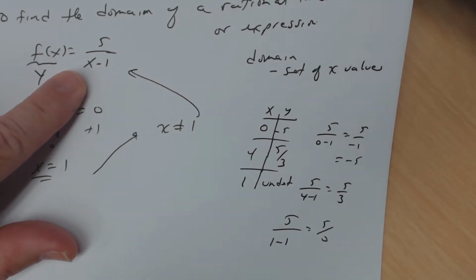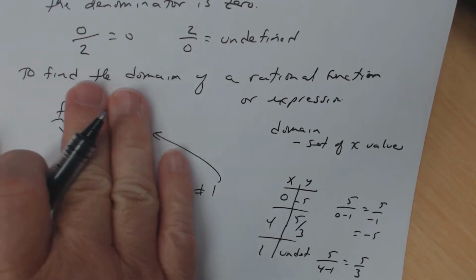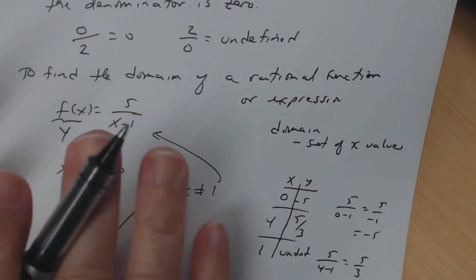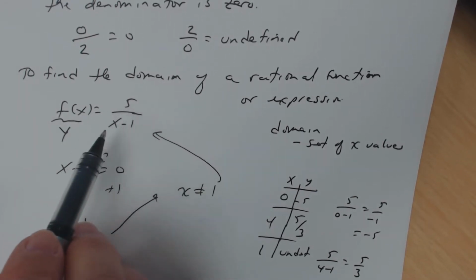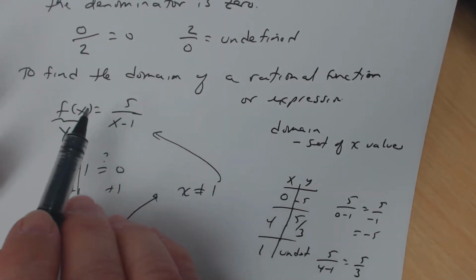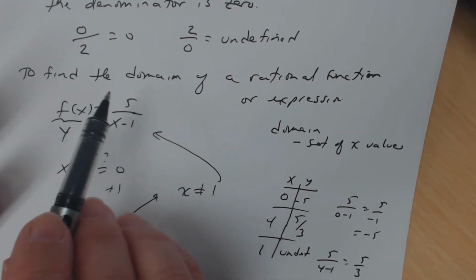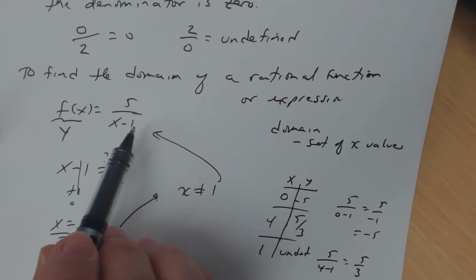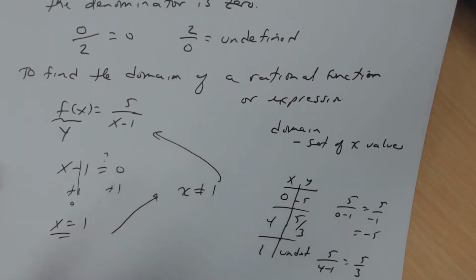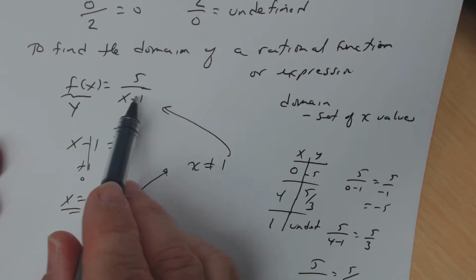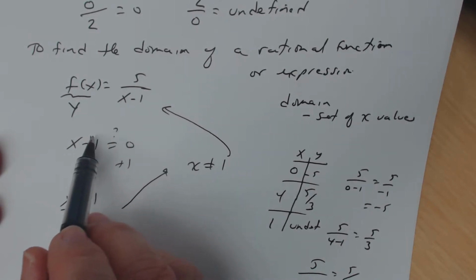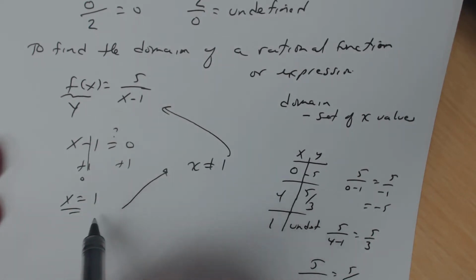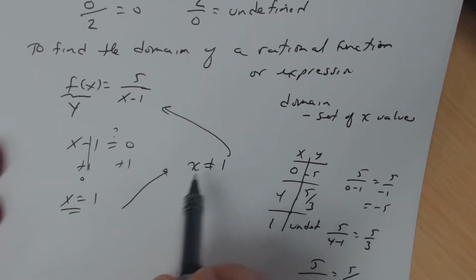So when you find the domain of a rational function, all you have to do is take the denominator, not the numerator. The numerator doesn't matter. It can be 0. It can be any number. But the denominator can never be 0. So you take the denominator, find where it is 0, and solve this equation. Now you know that x cannot equal 1.